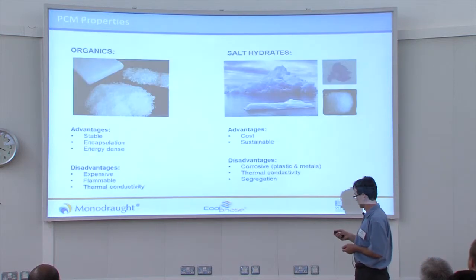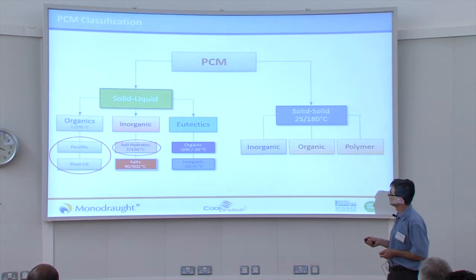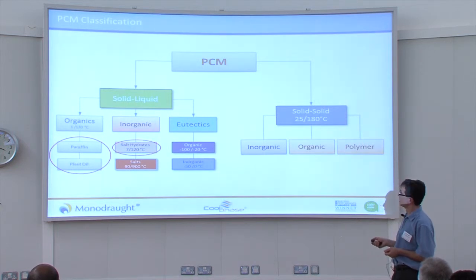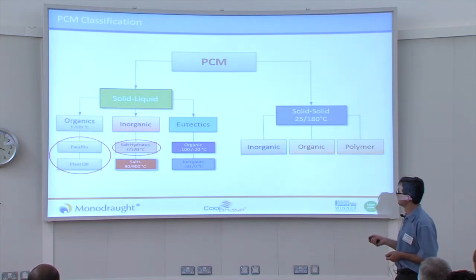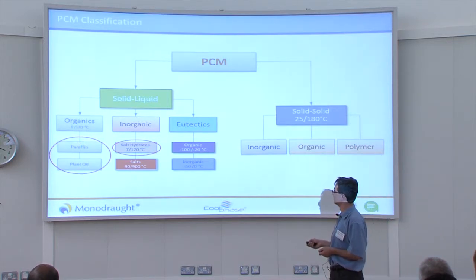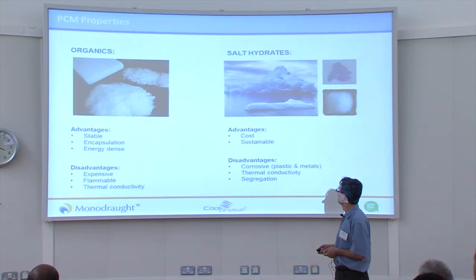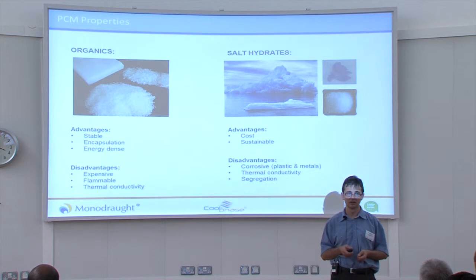So basically, we are interested in salt hydrates and organics, which are based on some fatty paraffin oils and plant oils. So this can be any plant-based oil. Right, each of these materials has its advantages and disadvantages.